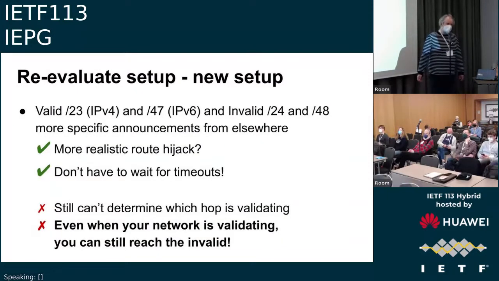But it's still really hard to determine which hop does the actual validation. And it also has the peculiarity that if you are in a network that is validating, you might still reach the invalids. And why is this? Next slide.